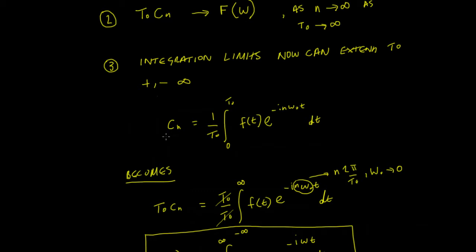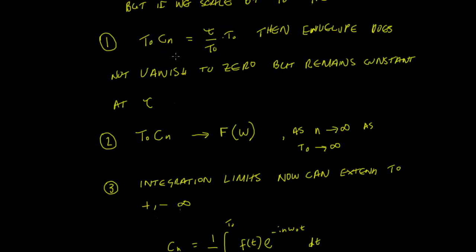What we've seen is our dot product: we're looking for the frequency components, or values of Cn, and we get the Cn by taking the dot product of the function with the orthonormal basis here. What we want to do is see how this changes, because of what we've looked at here.